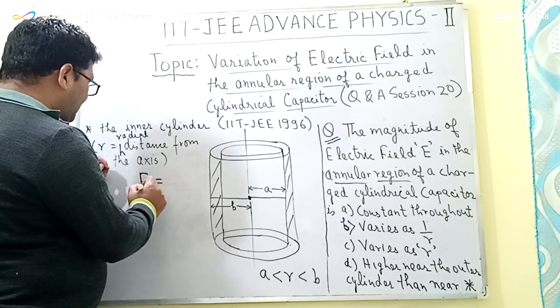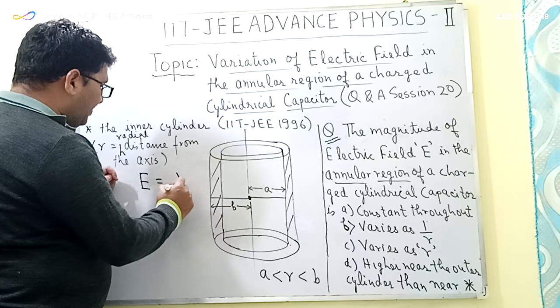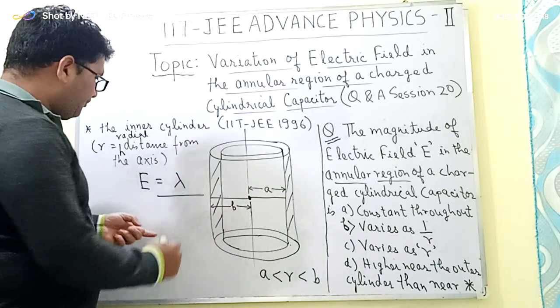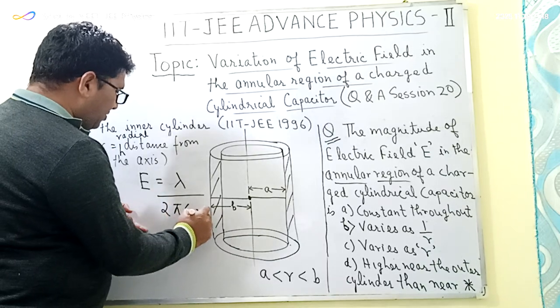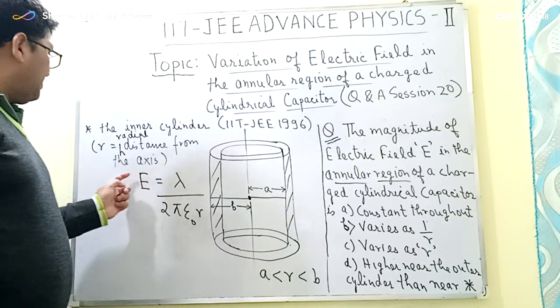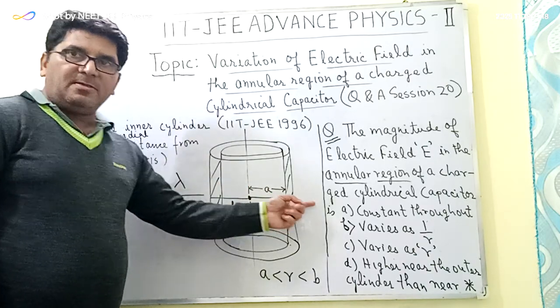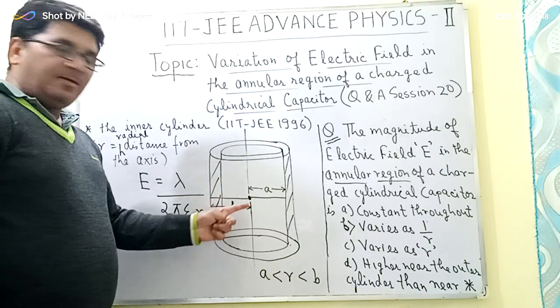In the chapter of electric charges and fields, while studying Gauss law, we have learned that the electric field due to a uniformly charged cylinder is equal to lambda upon 2 pi epsilon naught r, where r is the radial distance of a point from the axis of the cylinder.